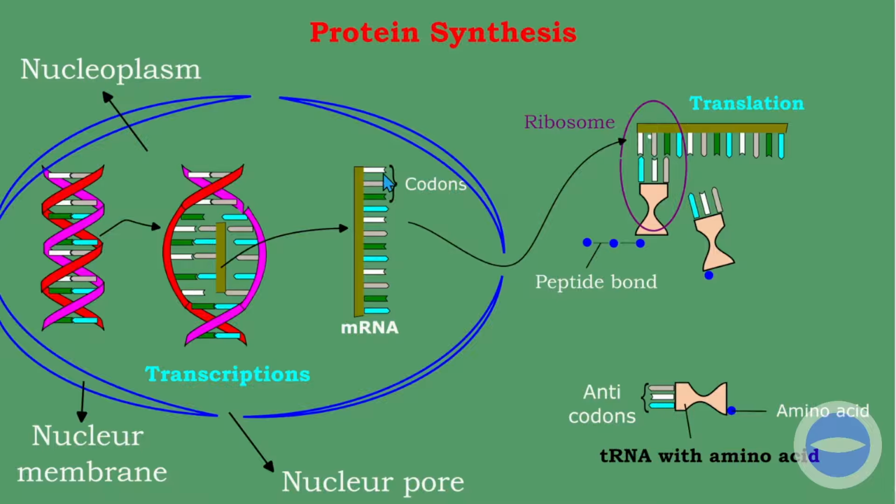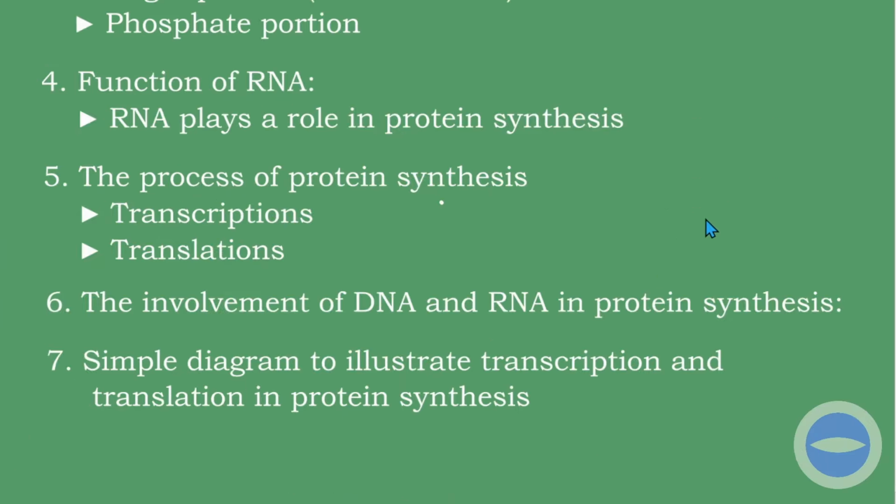And 3 adjacent nucleotides are called codon. And then the ribosome is used to bond tRNA and the mRNA. This is a ribosome, this one. So it's used to bond them. And you must know this is the nucleopore, where the stuff in the nucleus exits. Yeah, this is what the examiner wants us to know.